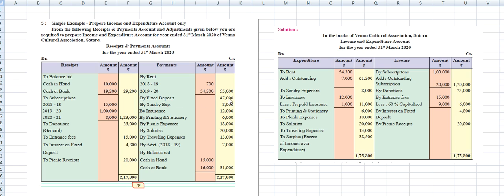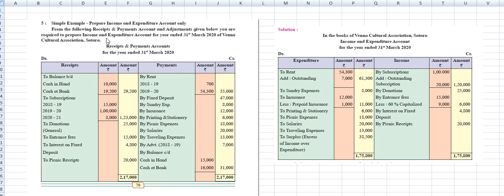Then fixed deposit 47,000, sundry expenses, insurance, printing and stationery, picnic expenses, salaries, traveling expenses and advertisement. By balance carried down, cash in hand and cash at bank, we add both amounts and take the total in the outer column. So this is the receipts and payment account.